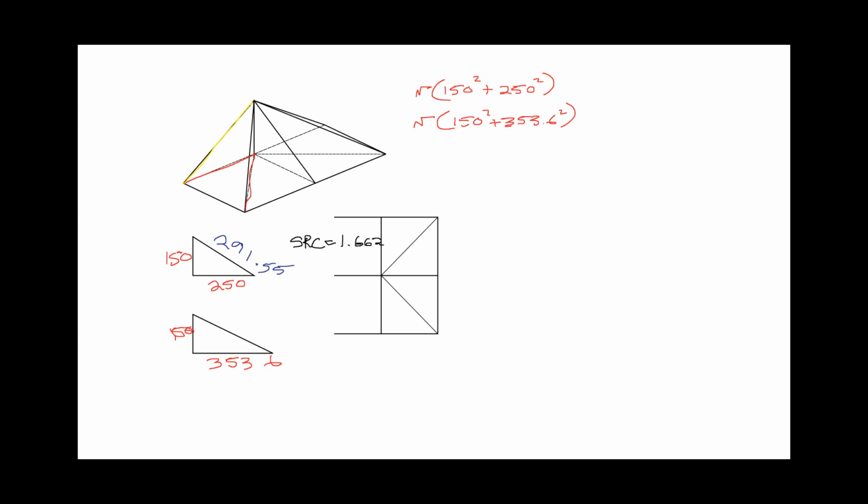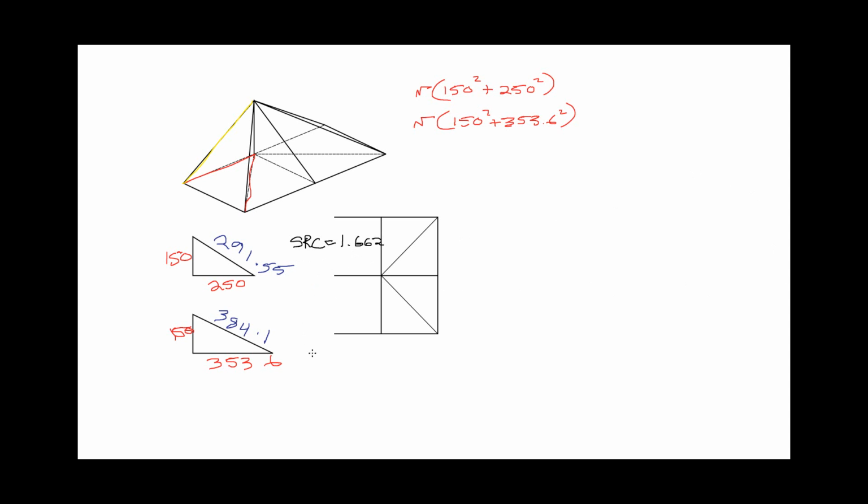Okay, so let's get the unit line length for our hip. That is 384.1. We'll take that 384.1 and divide this unit of line length for our hip by our common unit of run, and that gives us the slope ratio hip.